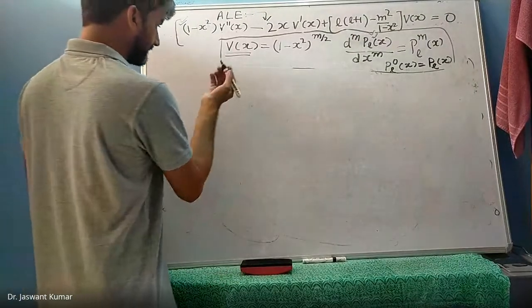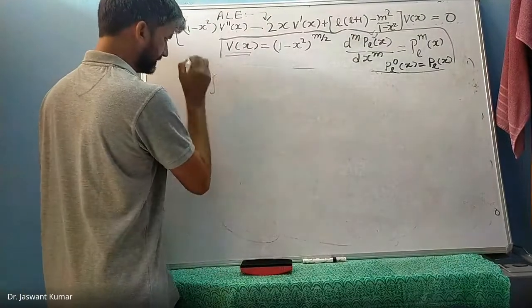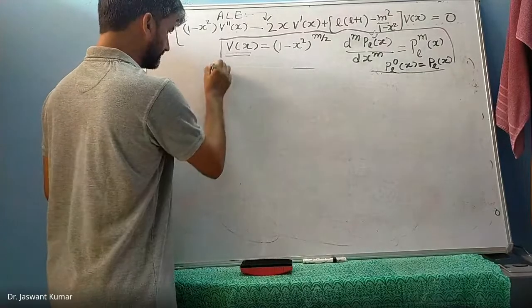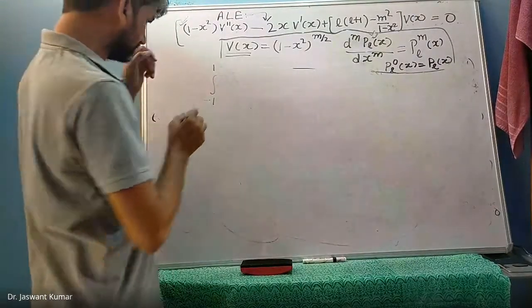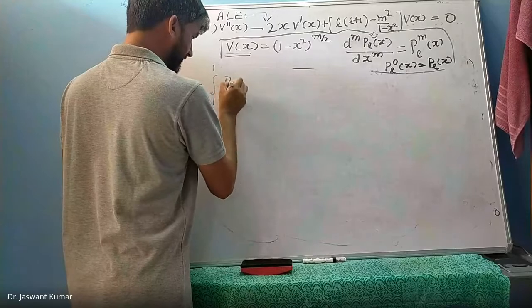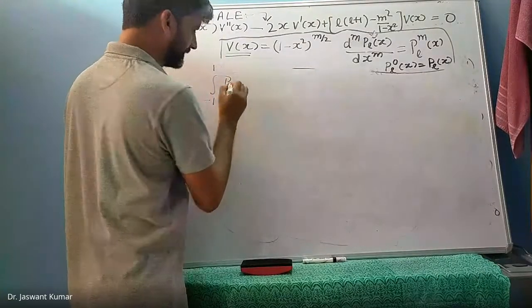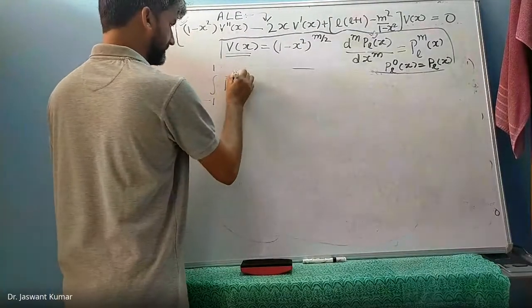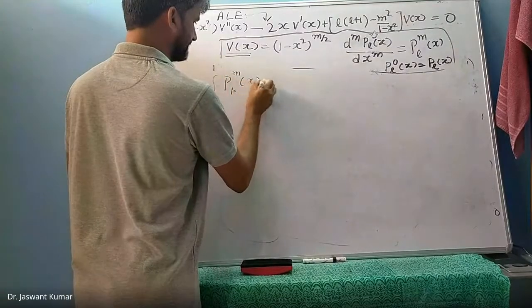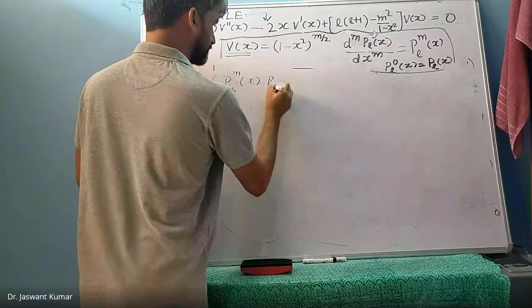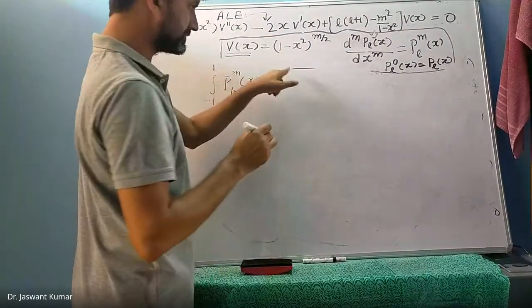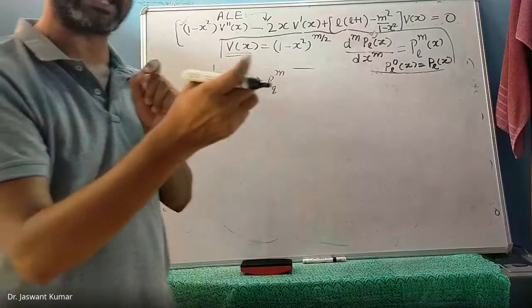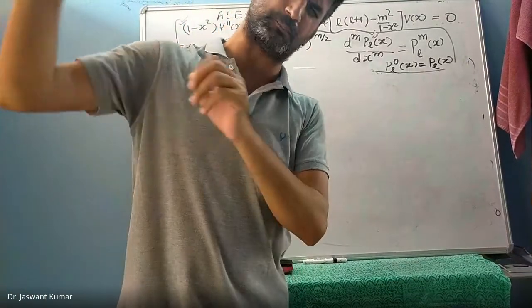And I write integral from -1 to 1 capital P, and instead of L I write small p, PPM of x, PQM of x. I take this M same, because if I take this M different, then it complicates the matter.